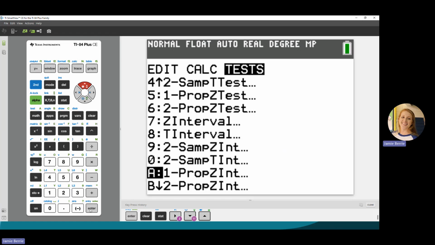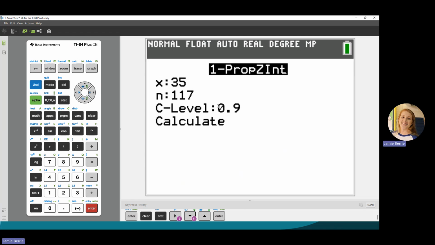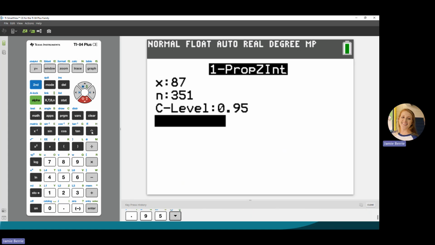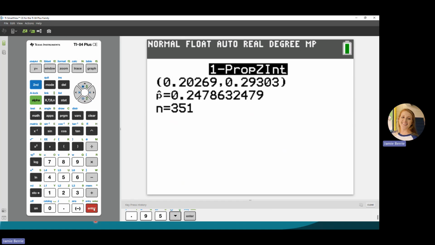Let's hit enter. Here's the things that it asks for: x, n, and C level. X was the number of successes, so 87 people preferred foreign cars. n is our sample size, that was 351. Confidence level was 95, so 0.95. Then go down to calculate, hit enter.